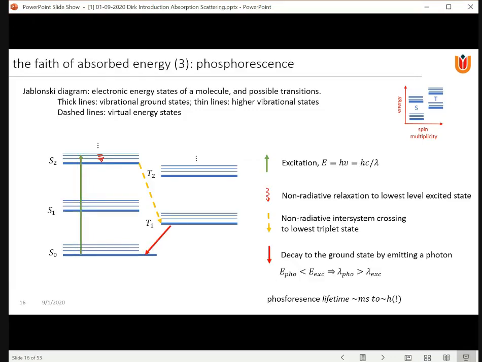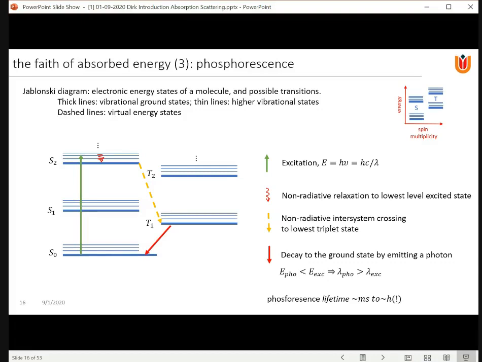All right, this one is also intriguing. This is phosphorescence. Again, a Jablonski diagram, but now I've added the triplet states as well. So again, the thick lines are the vibrational ground states, and the thin lines are the vibrational states. And now next to the singlet states, we also have triplet states.